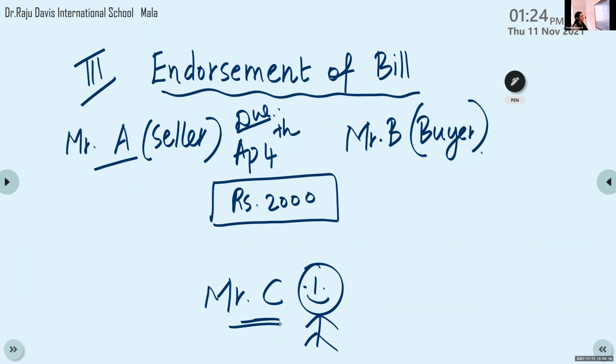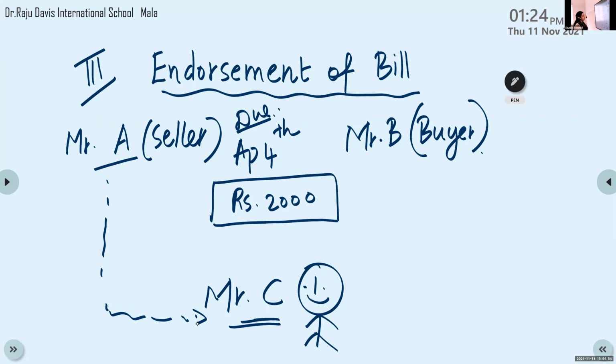Mr. A, the seller, purchased goods from C, another person, on credit. That means that A should pay to C, no? A should pay to C. So A should be making payment to C as A has purchased goods on credit from C.